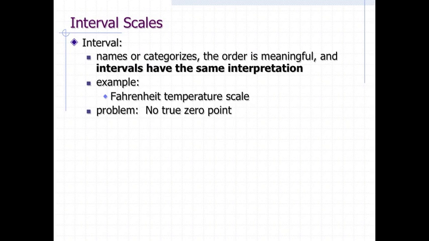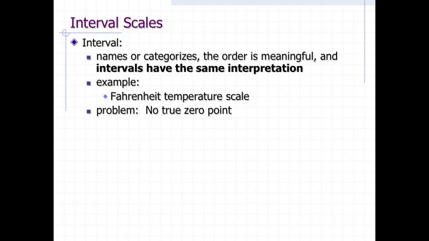The next highest scale of measurement is the interval scale. As you've probably noticed, each successive scale builds upon the qualities of the lower scales, adding additional information. Interval scales are numerical scales in which intervals have the same interpretation throughout. So, the interval scale names or categorizes, the order is meaningful, and the intervals are equal.